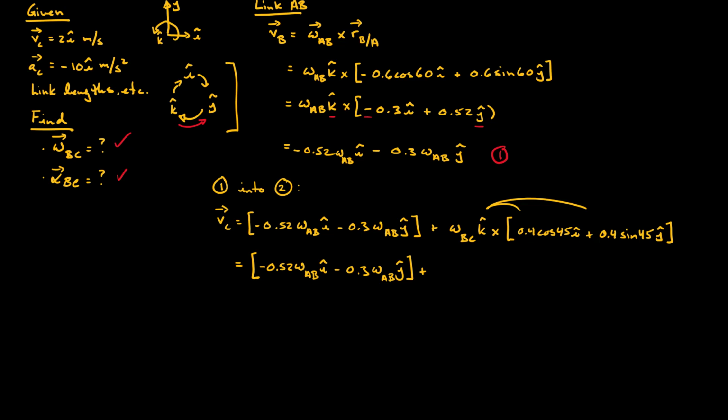K crossed with I gives us a positive J, and K crossed with J will give us a negative I. So first we have a negative, and 0.4 sine of 45, if you carry out the multiplication, is roughly 0.283 omega BC in the I direction. And then K crossed with I gives us a positive J, and 0.4 cosine of 45 is also 0.283 omega BC, in the J direction.